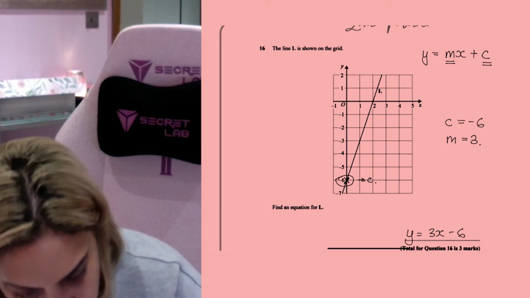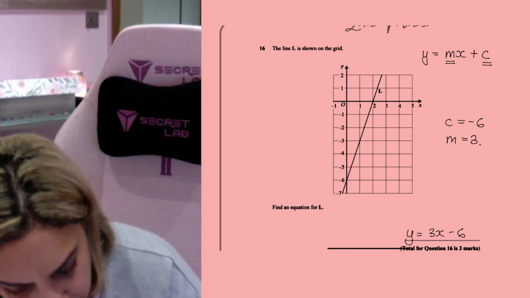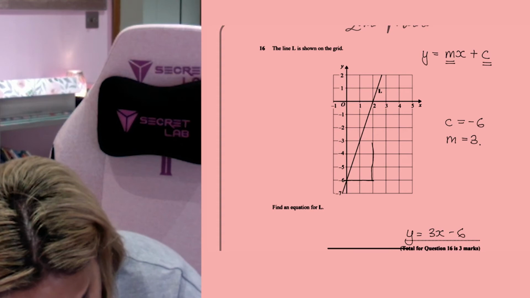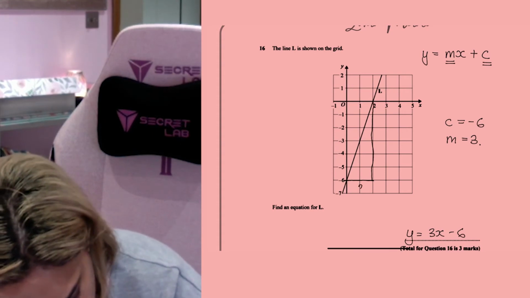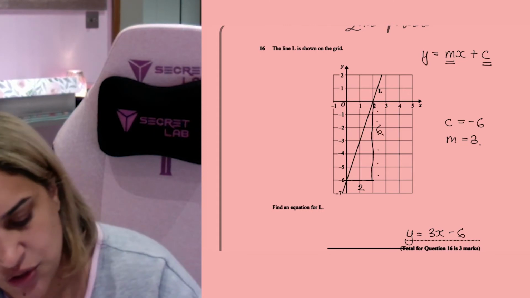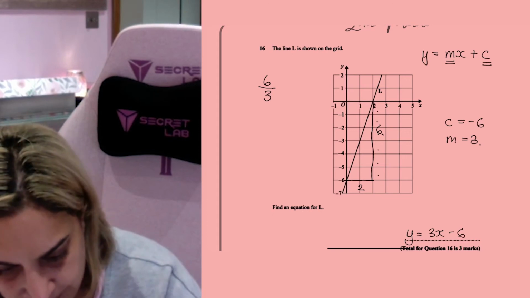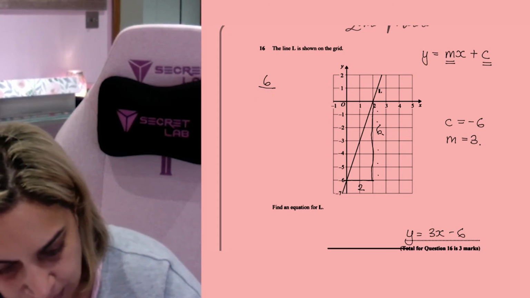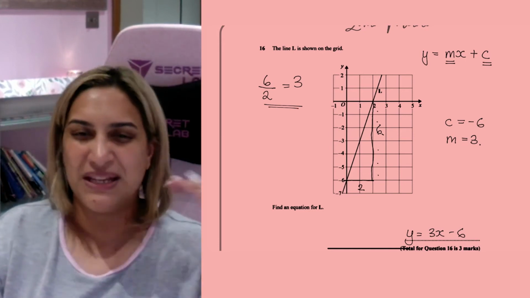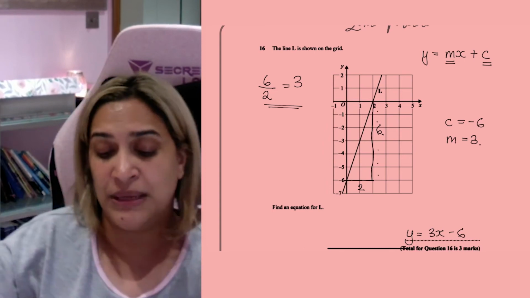Let's start down here. So if we go 2 along and then we go all the way till we reach the line again, that's 1, 2, 3, 4, 5, 6. So we can do the change in y over the change in x, which is 6 over 2, which gives you 3, and you get to the same answer. But essentially what an m is for is, if every 1 you go along, how many up do you need to go?